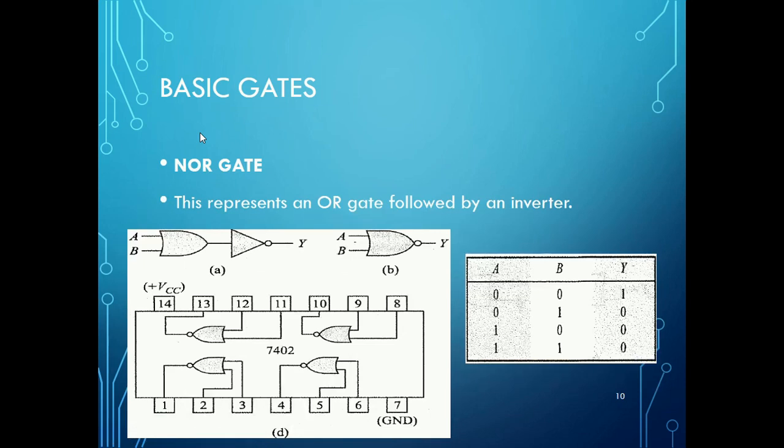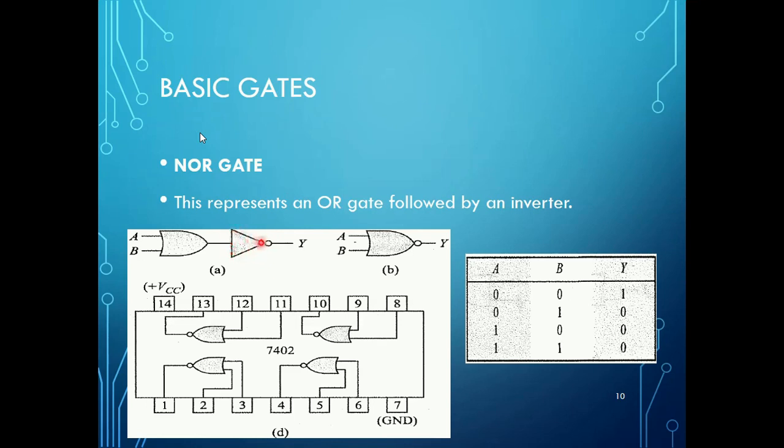So this is NOR gate, the next gate. This represents an OR gate followed by an inverter. If you see this particular diagram, you can see that you have connected an OR gate, and along with that it's followed by an inverter.